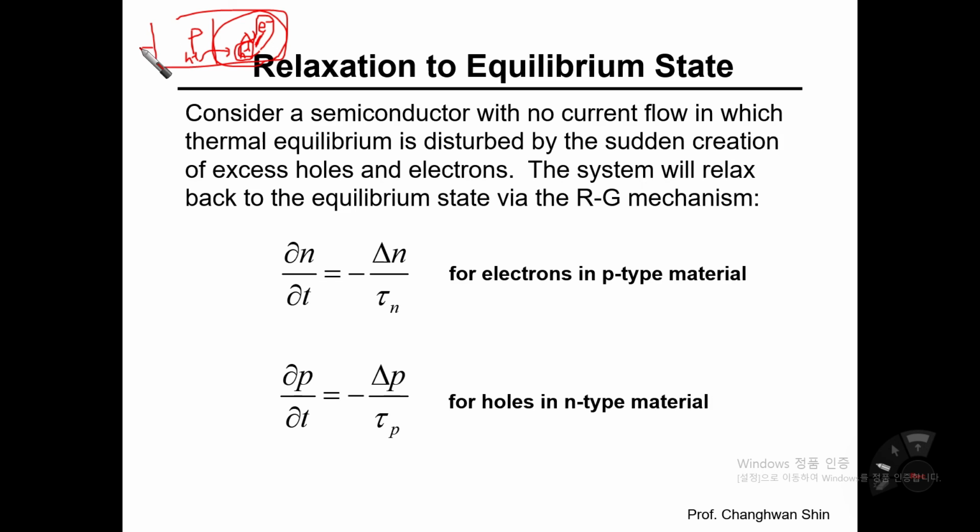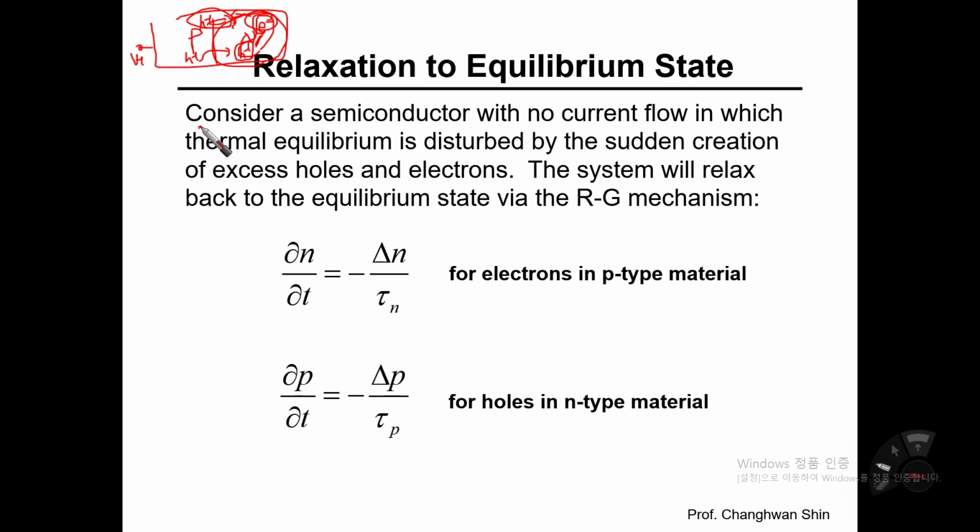This positive bias has perturbed the equilibrium state, because many holes are now being injected into the N side, but the electrons would cancel out the injected holes so that it moves toward the electrical equilibrium state. So we can say that the N-side material is trying to relax back to the equilibrium state.